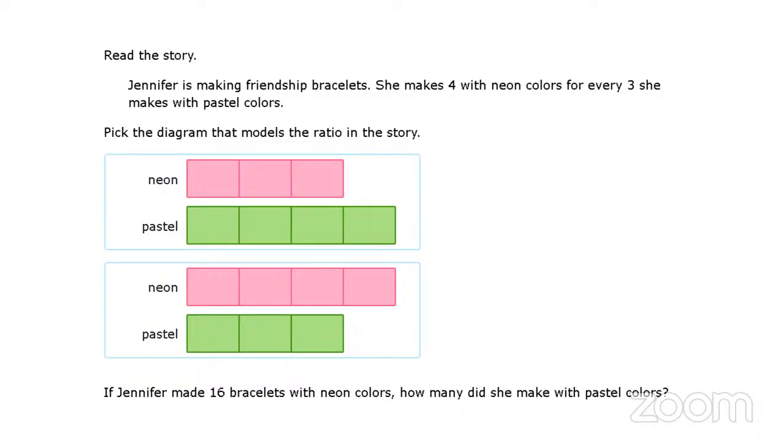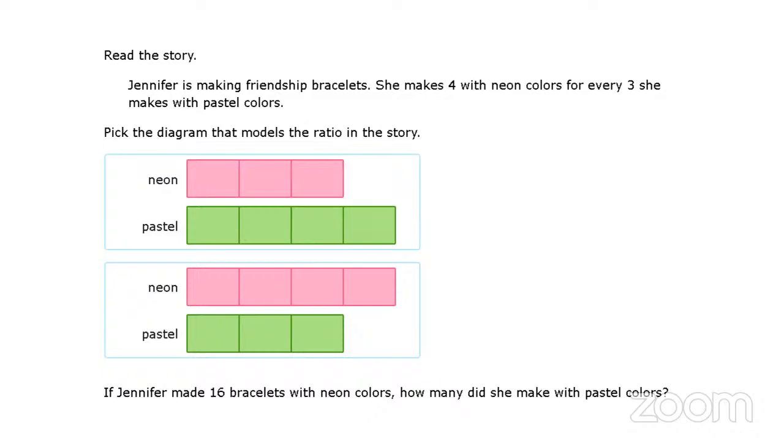Welcome to you all. So let's look at this one. Now, if she makes 4 neon colors for every 3 pastel colors, which of these, diagram 1 or diagram 2, represents it? So I just want to see in the chat, diagram 1, diagram 2, A, B, and I will know exactly what you're saying.